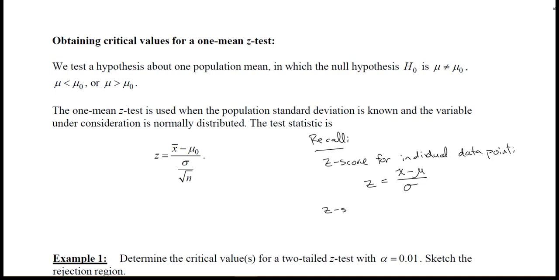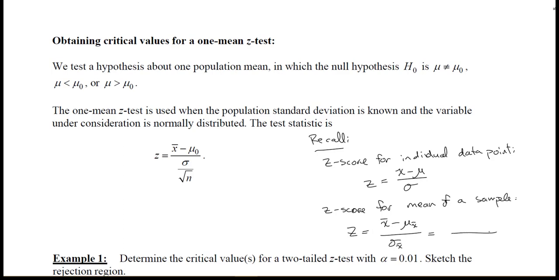And then the z-score for the mean of a sample, remember, is x bar, because this time we're doing the mean of the sample instead of the individual value, minus the mean of all the x bars, divided by the sigma of all the x bars.